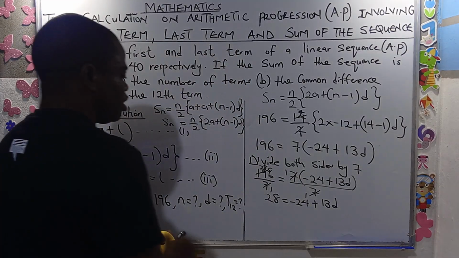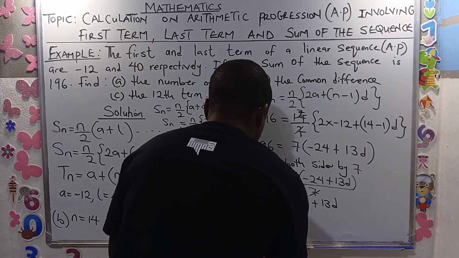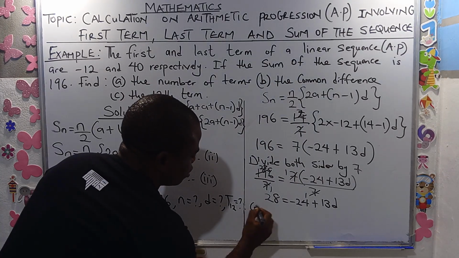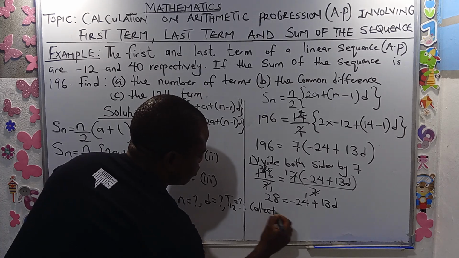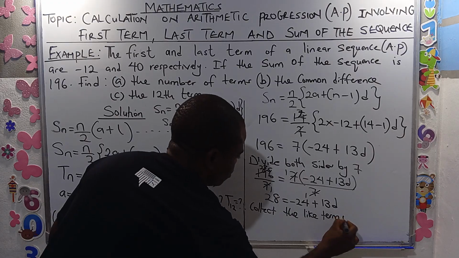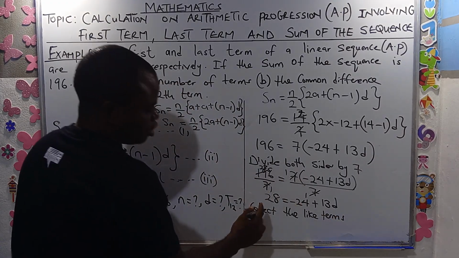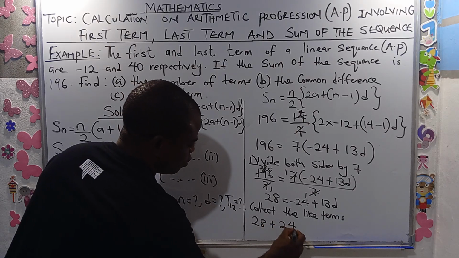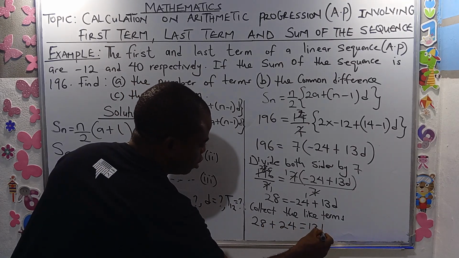Now from here you collect the like terms. This minus 24 crosses the equal sign, turns to positive. 28 plus 24 equals 13d.